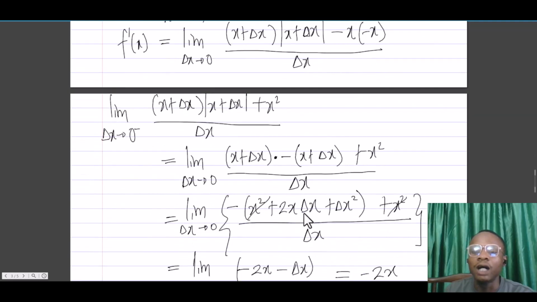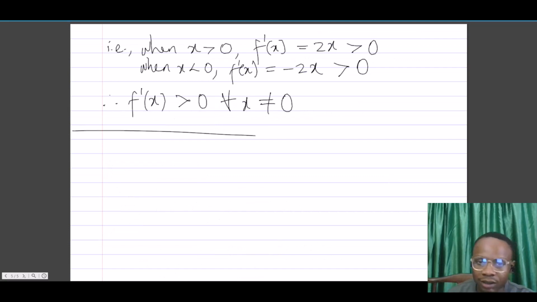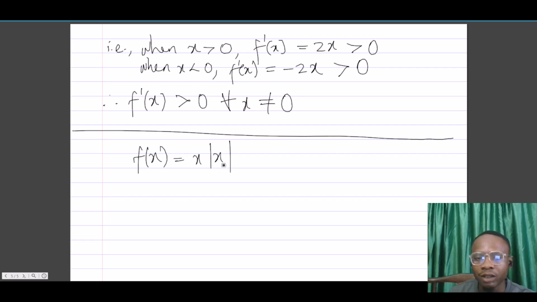And just for a check, you can see that this function provided in this problem, f of x equals x times modulus of x, if we are to write this out in pieces, is x multiplied by modulus of x.